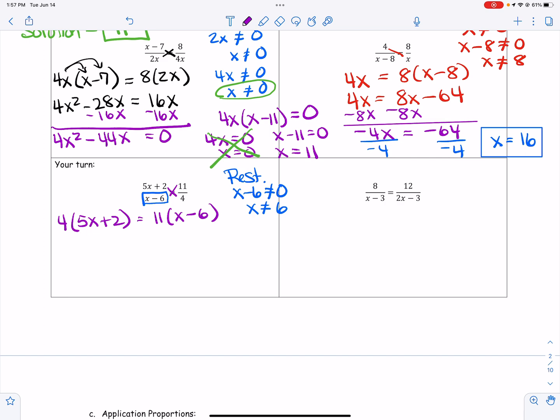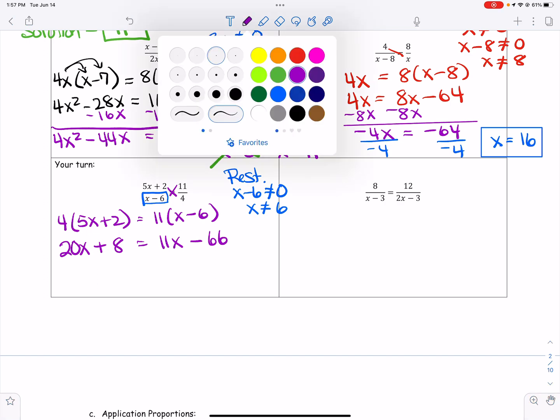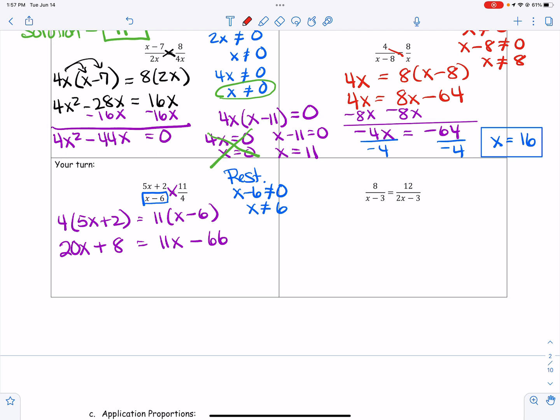As I distribute, I'm going to have 20x plus 8 is equal to 11x minus 66. Again, just a linear equation, guys. So we solve it by subtracting 11x. That gives me 9x plus 8 is equal to negative 66. And then I'm going to subtract 8.